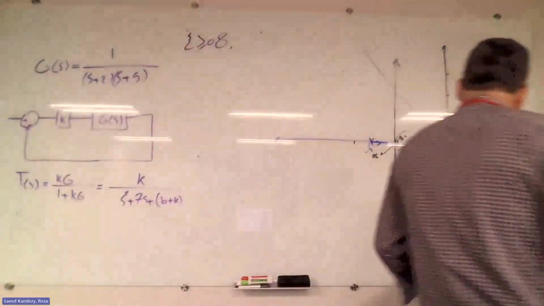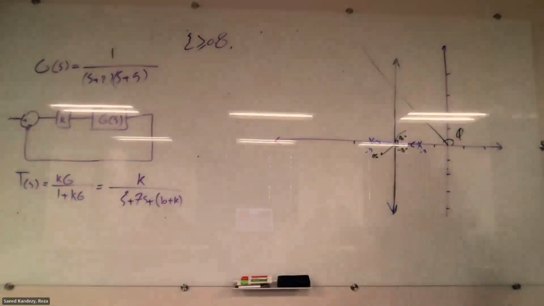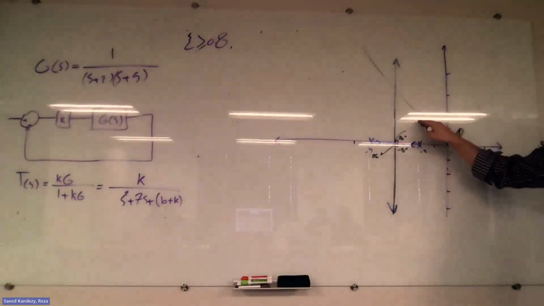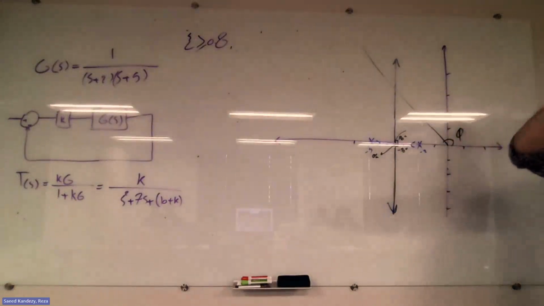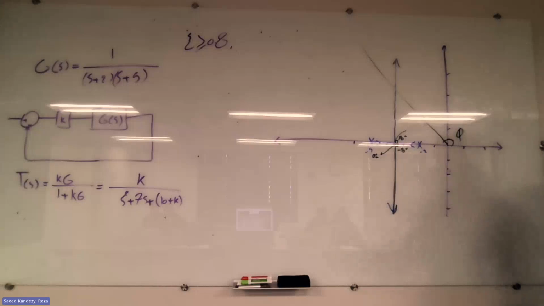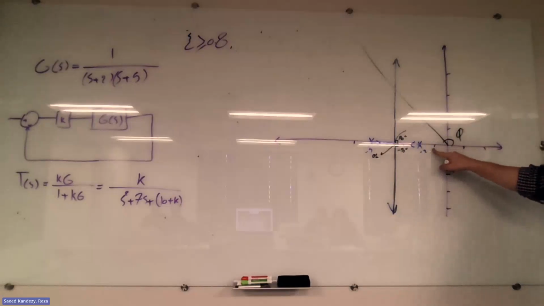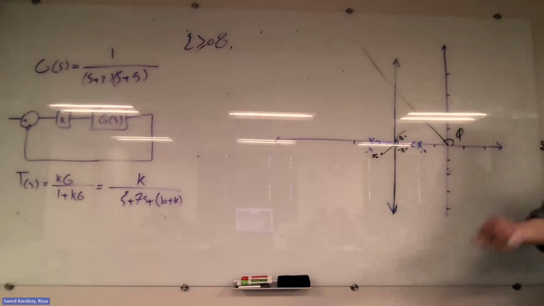In order to find this line, we can do two things. One is to find the angle with the positive real axis, or find the angle with the negative real axis. Either way, it would give us the same line.